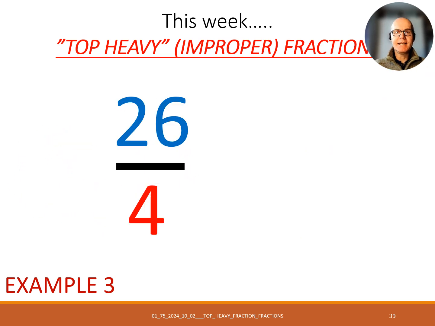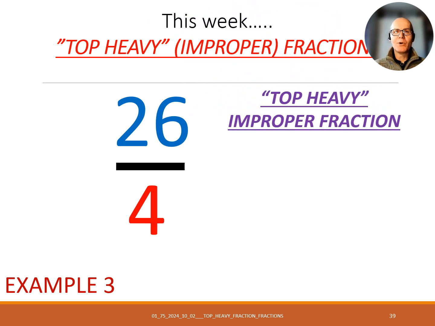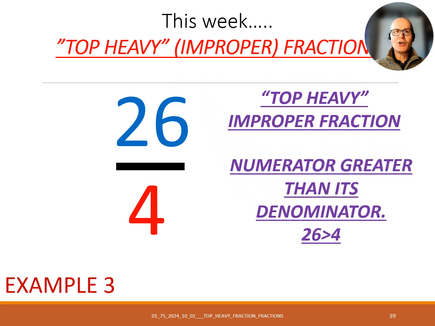How do we simplify 26 over 4? 26 over 4 is a top-heavy or improper fraction. That's because 26 is greater than 4. 26 over 4 is greater than 1 whole.